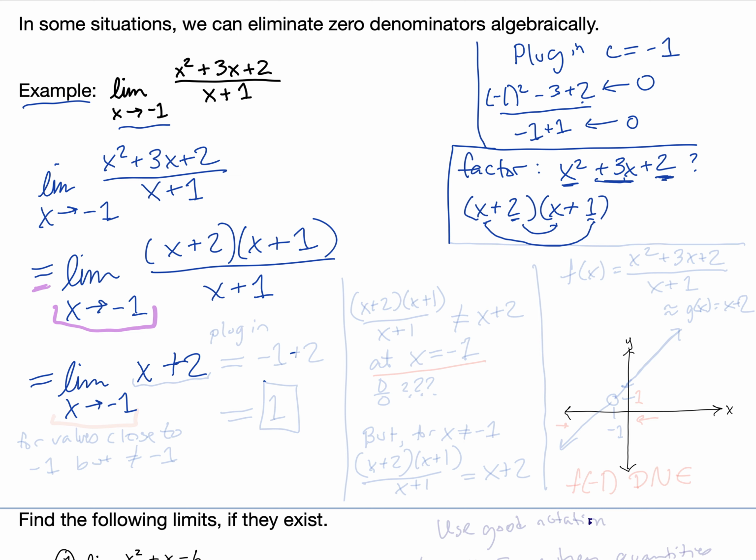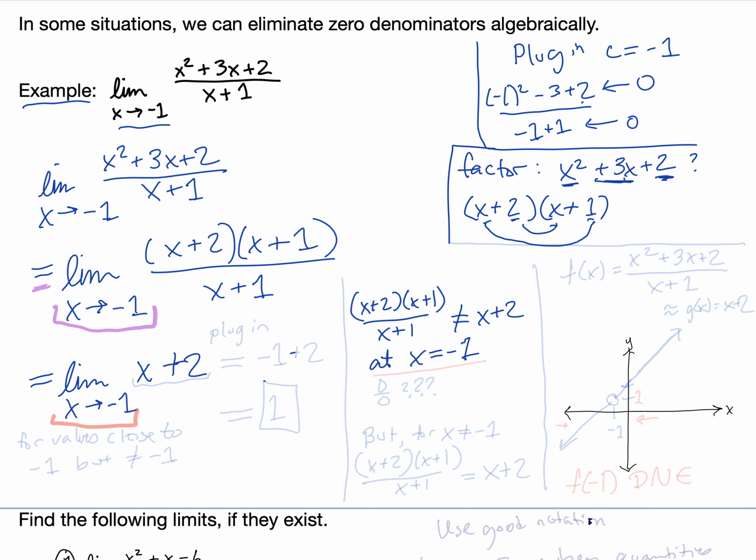One thing I'd like to highlight for you is that it's really important that this limit is here. So why is that important? It's important because in general, the function x plus 2 times x plus 1 over x plus 1 is not equal to x plus 2 at x equals negative 1.